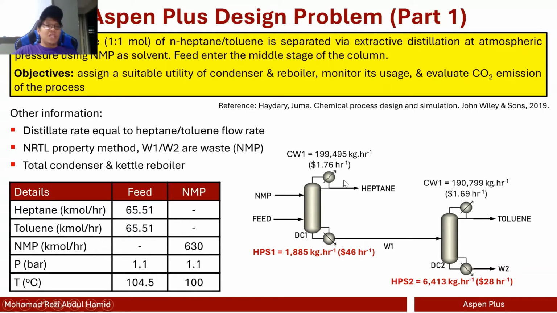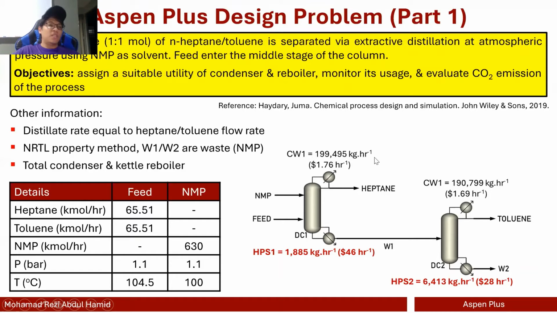If you think about this amount, 200 tons of cooling water costing only about $2, it kind of makes sense, because even in Malaysia, one cubic meter of water, I don't really remember the tariff, maybe 0.15 ringgit.